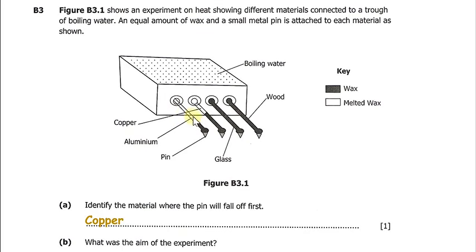It means if it continues, it will reach the pin faster than for the copper, which has not melted largely. It still has a lot of wax remaining, meaning copper will not melt faster for the pin to fall. So in this experiment, I think the correct answer should have been aluminium, looking at the way I'm reading it now than I read it earlier on.